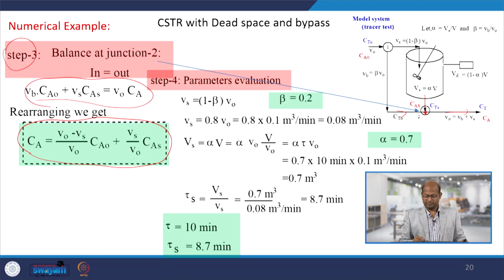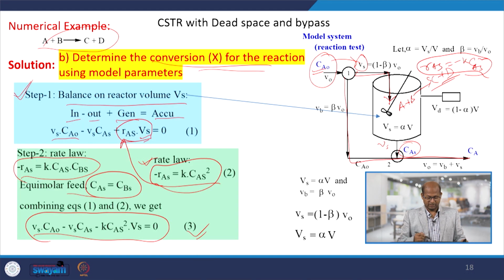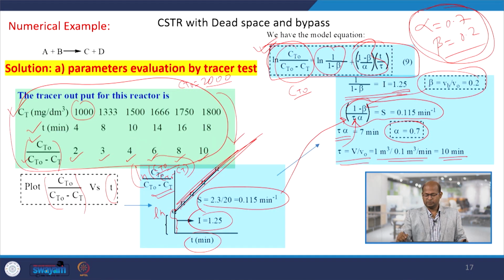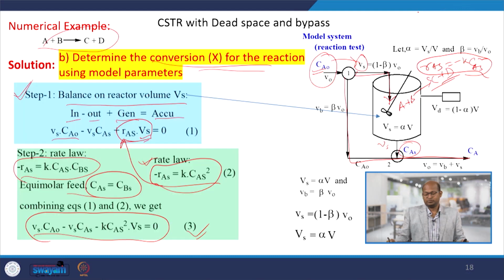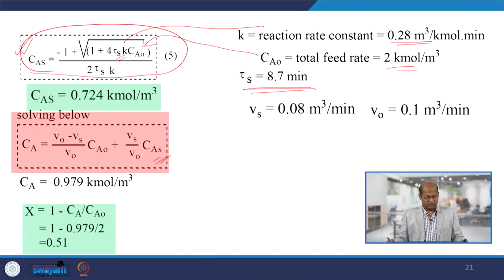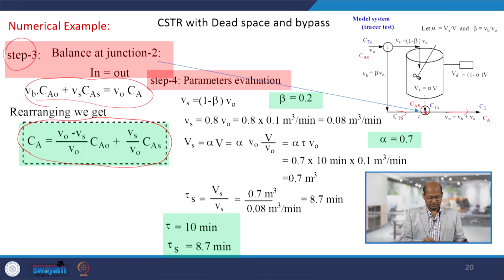From the alpha and beta values that we developed in earlier cases, 0.7 and 0.2, we are expressing these equations in terms of alpha and beta; we can substitute beta equals this and alpha equals this. Once we know that, we can get small Vs equals this.